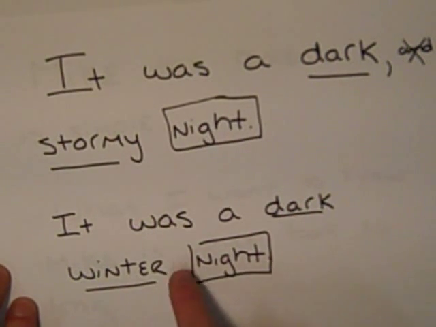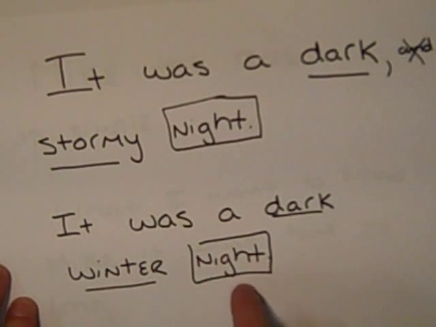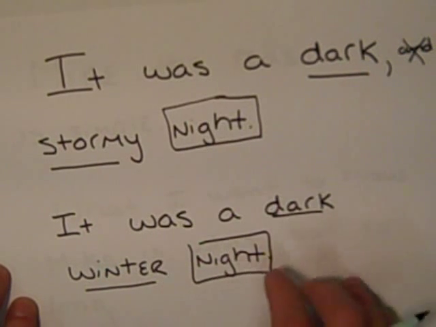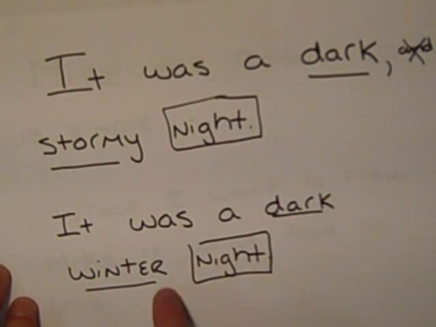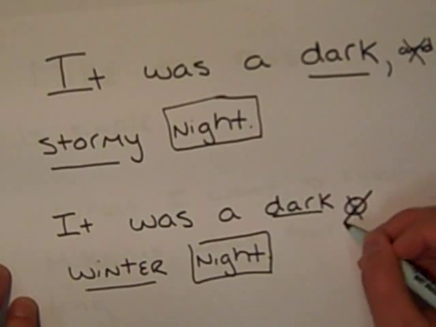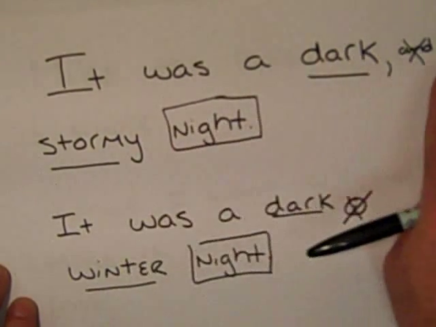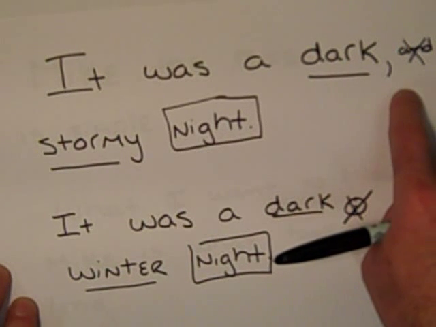It's one object, and dark describes the type of winter night that it was. Okay? But again, just using the "and" test, because you wouldn't say it was a dark and winter night, there's no comma here. Whereas because you would say it was a dark and stormy night, then you do use a comma.